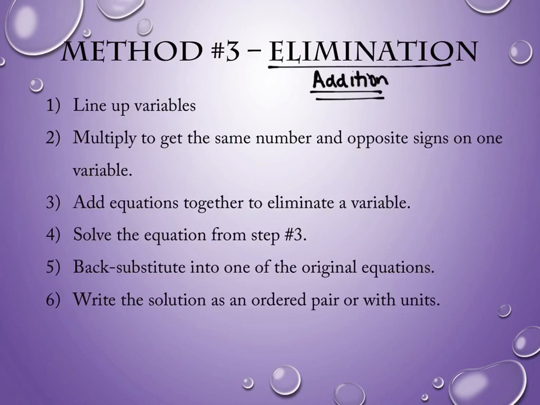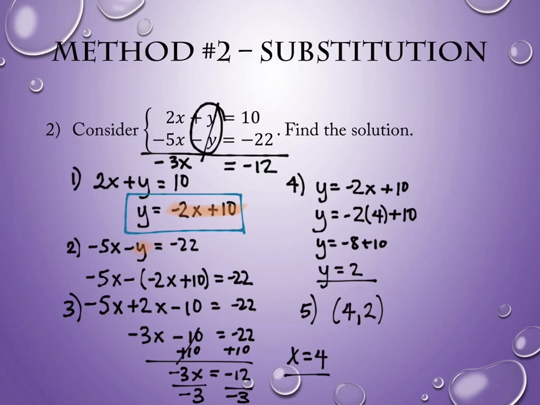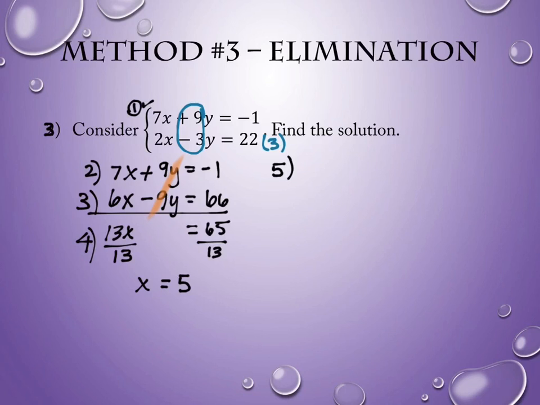Now, unfortunately, when we did this problem over here, there was an equation that was really nice, like y equals, and we could use that. That doesn't happen when we do elimination. You just have to pick one of the equations and plug it in. So, do you have a favorite equation you'd like to use, number 1 or number 2? 2's got a little bit smaller digits, so I would probably go with 2 as well. So, we have 2x minus 3y equals positive 22.